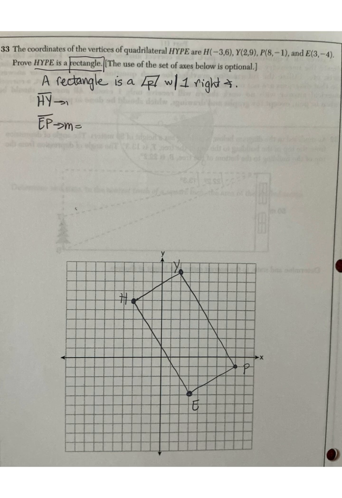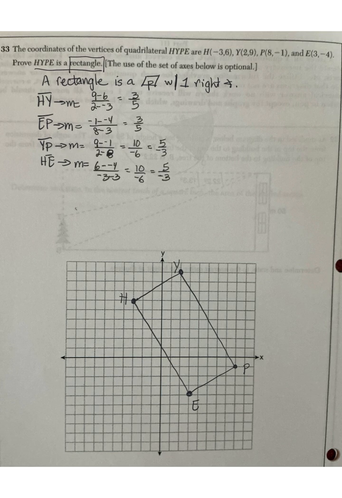And then I know that YP should be parallel to HE, so I'm going to put those two together. Okay, and I'm going to do the slope formula for all 4 of those. So why don't you pause me and go ahead and do the slopes, and then unpause and check your work.